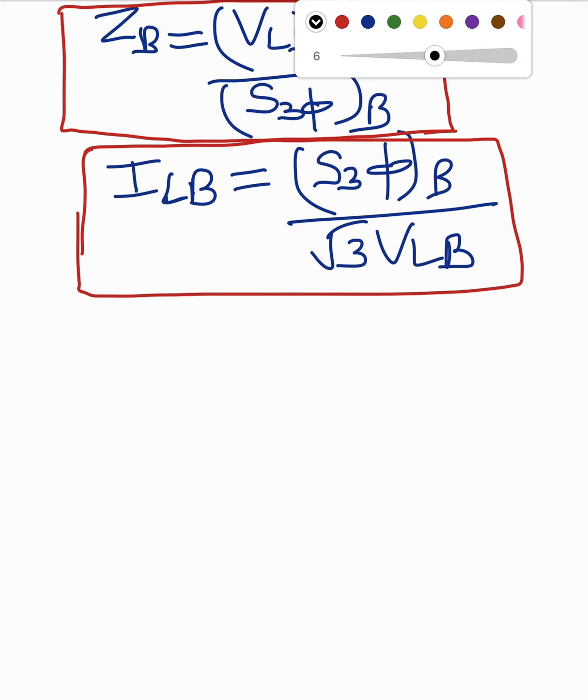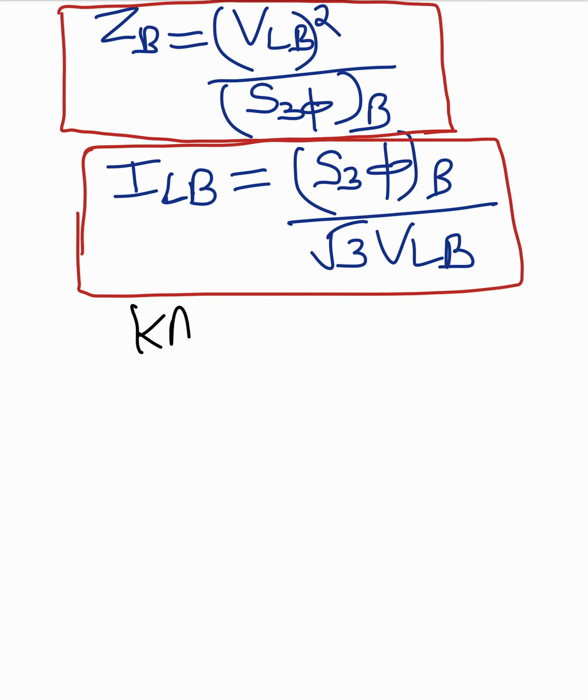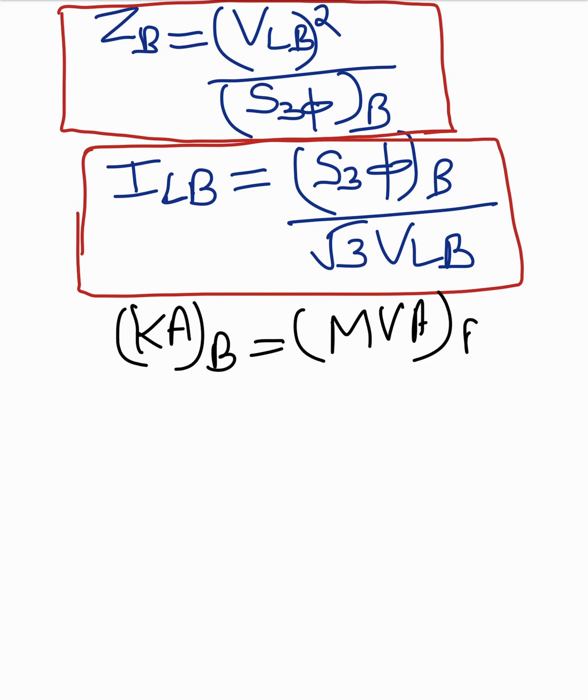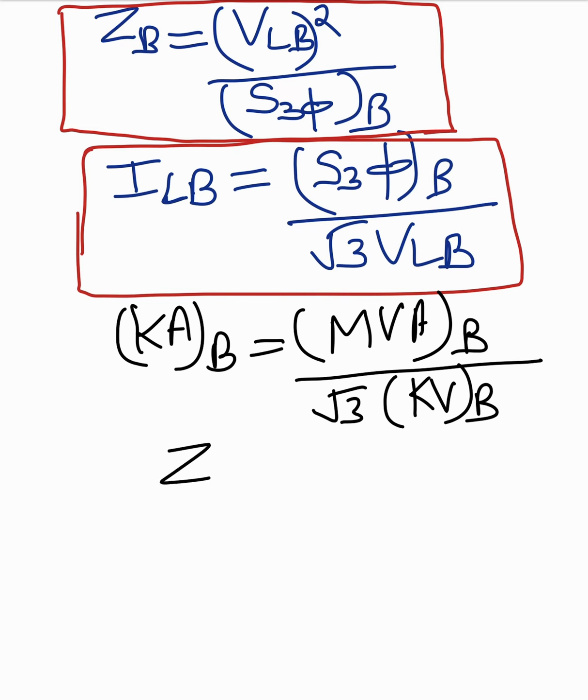Now KA base is equal to MVA base upon root 3 KV base. So ZB is equal to, what is that ZB?